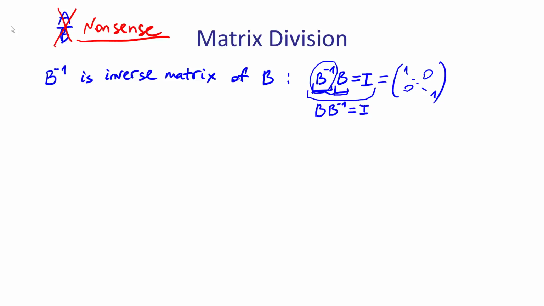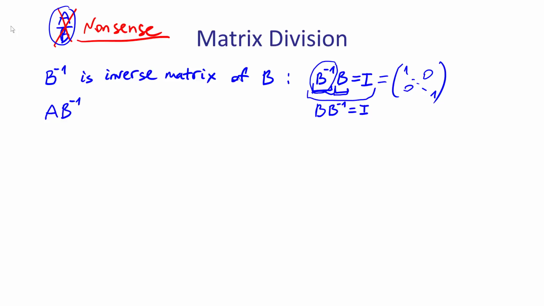Now, if you want to divide one matrix by another matrix, what you need to do is to multiply by B to the power of minus 1 from left or from right. So those will be completely different things. This is the kind of division that you could expect.